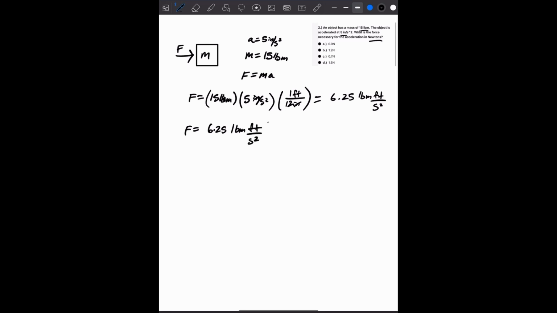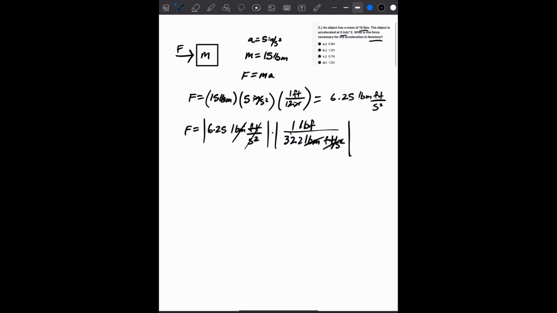Now we're going to use a conversion here. So we're going to multiply this by 1 pound force per 32.2 pound mass feet per second squared, which is equivalent to 1 pound force.